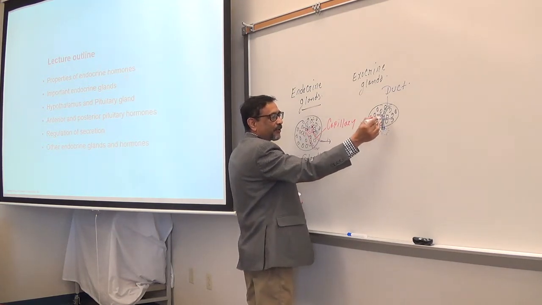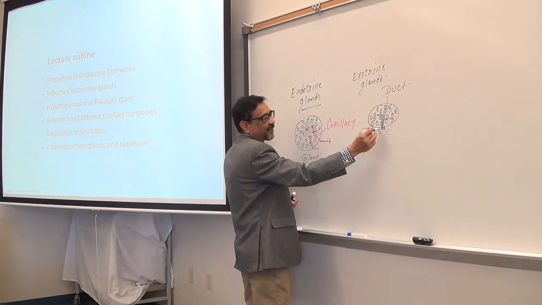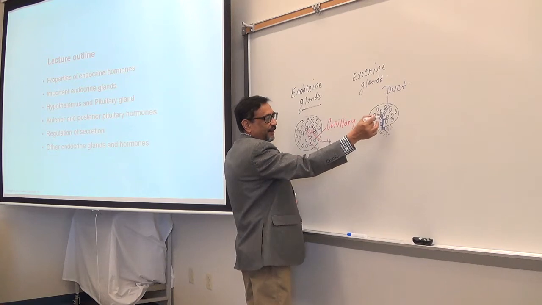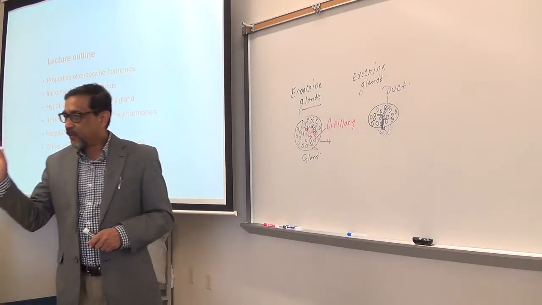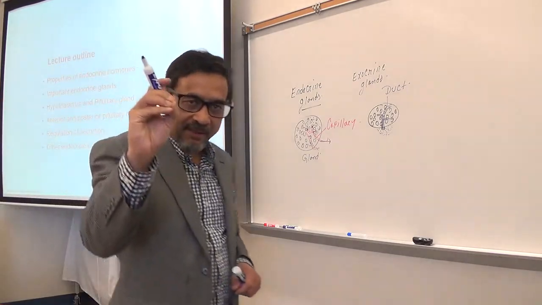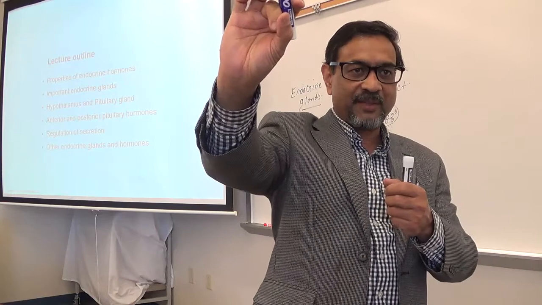Since it is not going to the blood, it acts locally, just outside of the gland. Okay? So, in case of exocrine, the chemicals are secreted directly into the ducts inside the gland.